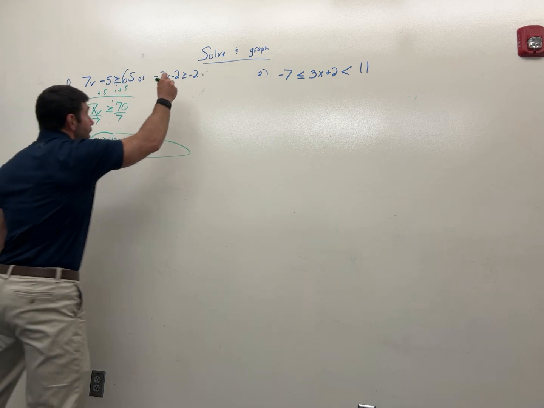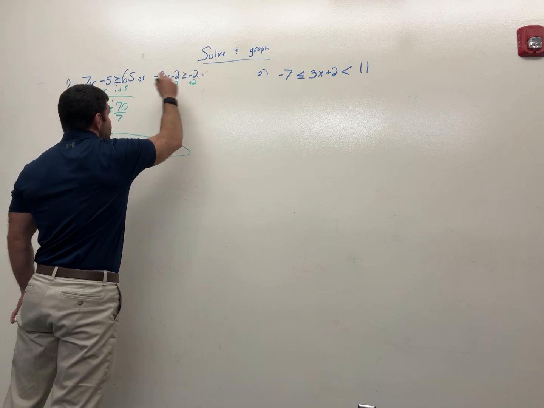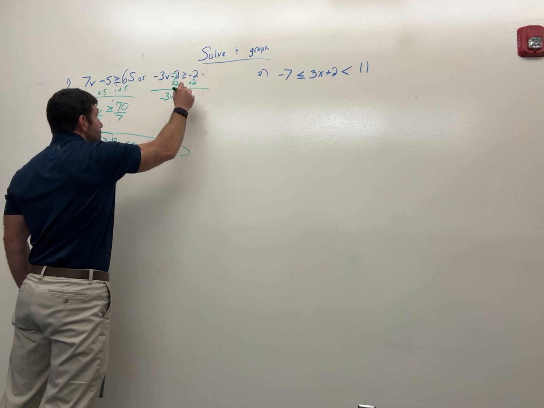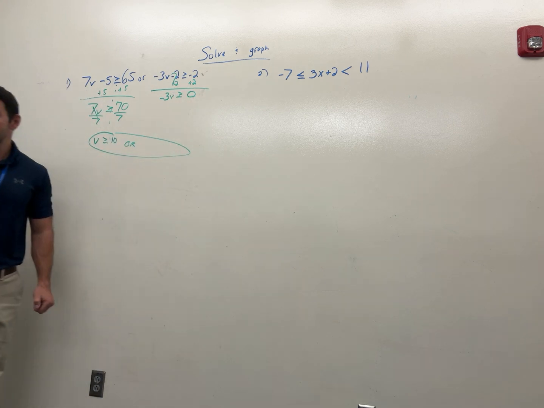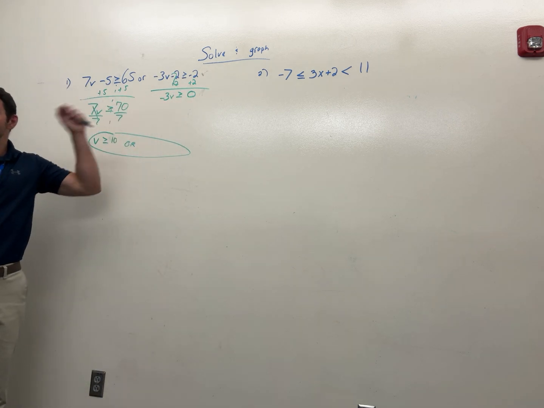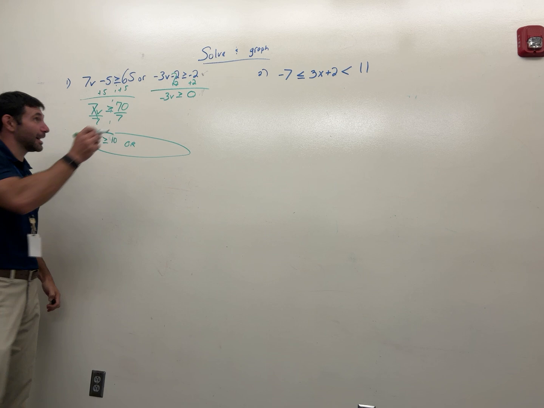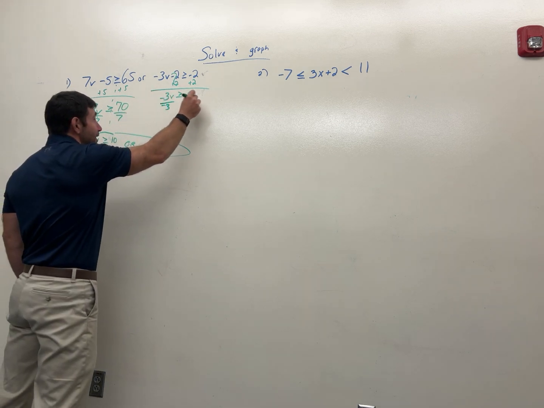Or add 2, add 2. That leaves me negative 3v is greater than or equal to 0. What do I do with this negative 3v? Divide both sides by negative 3.